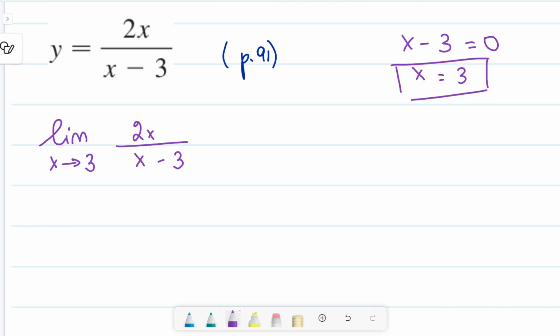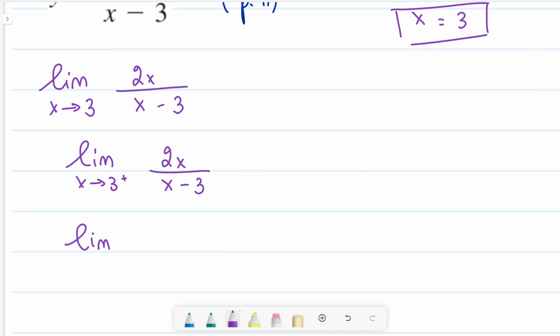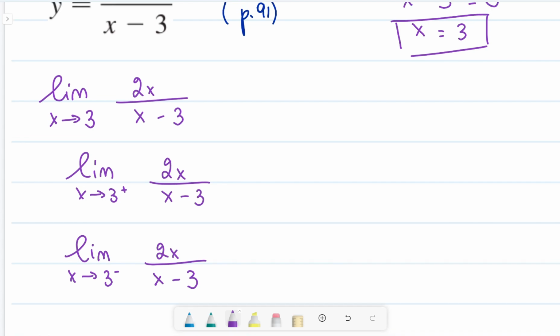For such a function, in order to find such a limit, we can always split the limit into the right side limit and the left side limit as well. Because it is enough for one of these limits to be infinity in order for us to have a vertical asymptote.